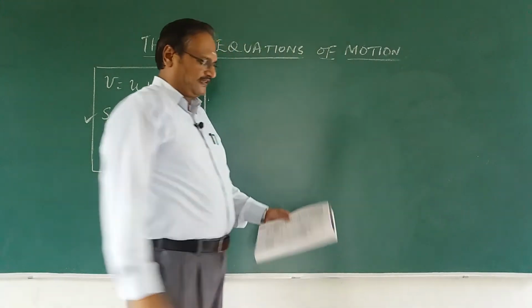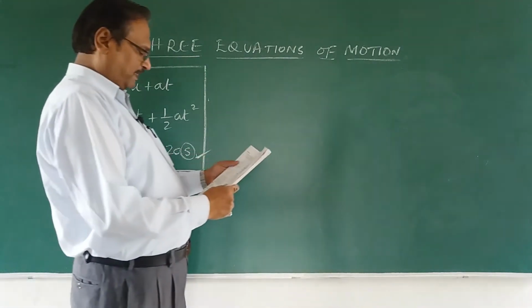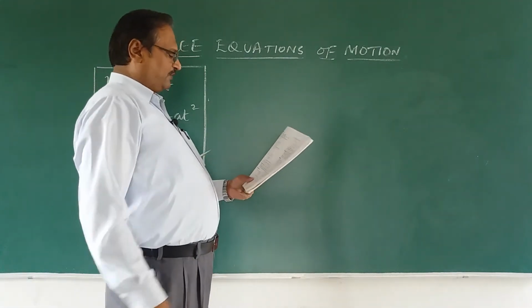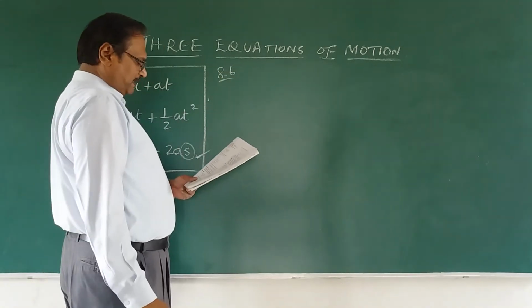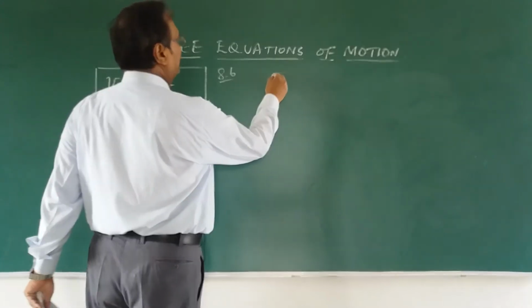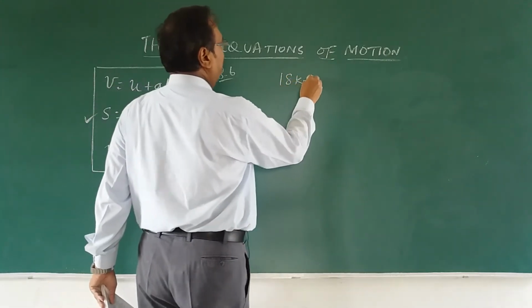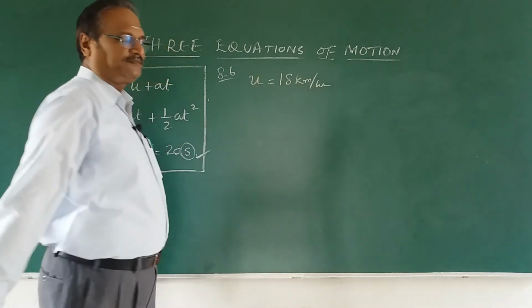Doing numericals is a very, very important part of learning physics. Now this is 8.6, from the 9th book. A car accelerates uniformly from 18 kilometer per hour. From means what? Initial velocity.